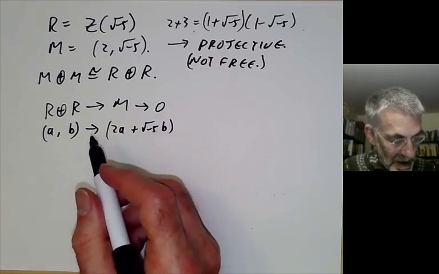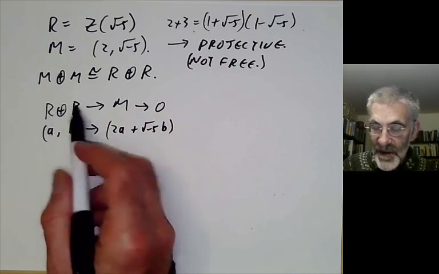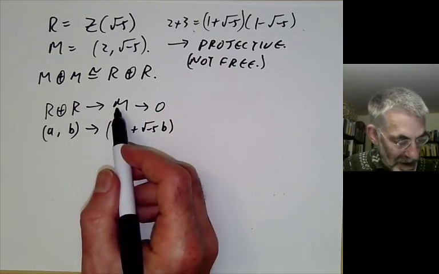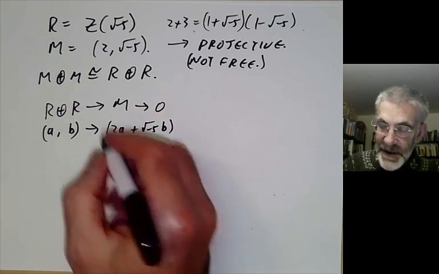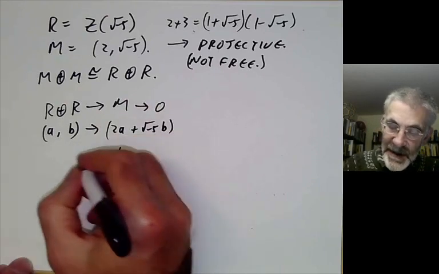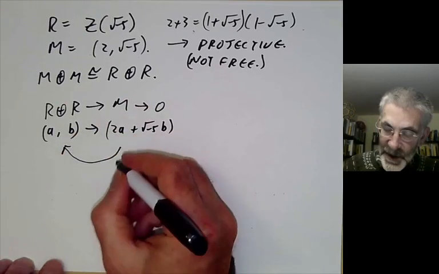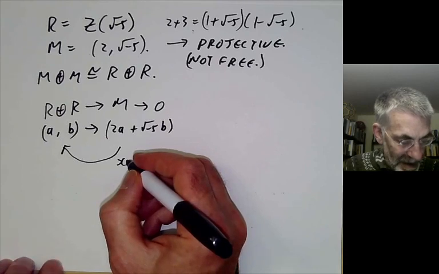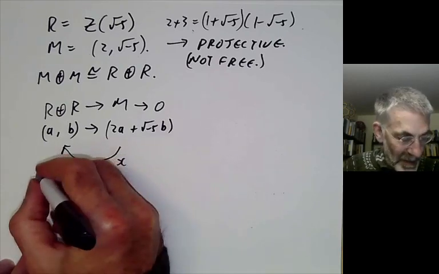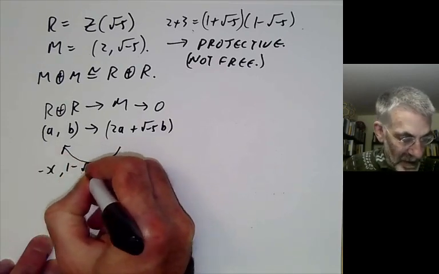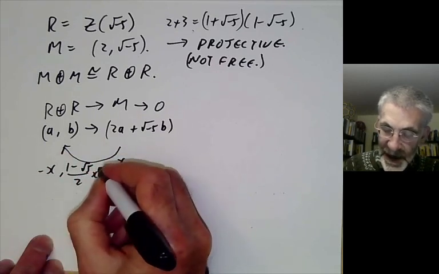So there we've got a map from this rank 2 free module onto M, and now we notice that it actually splits because there's a map going the other way, which takes an element x in M to minus x times 1 minus root minus 5 over 2 times x.